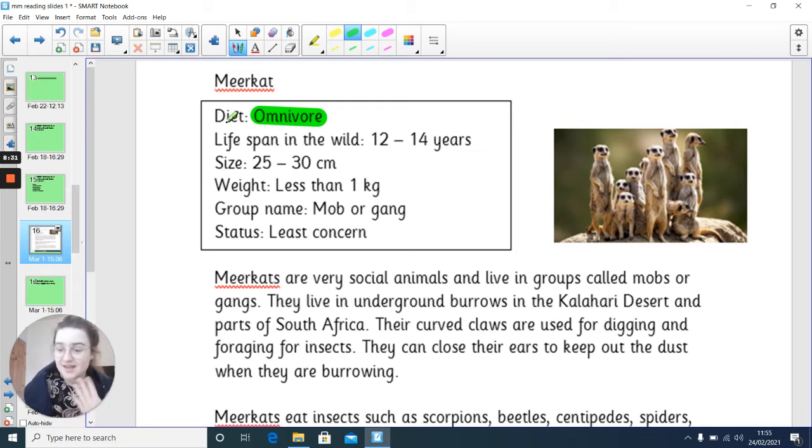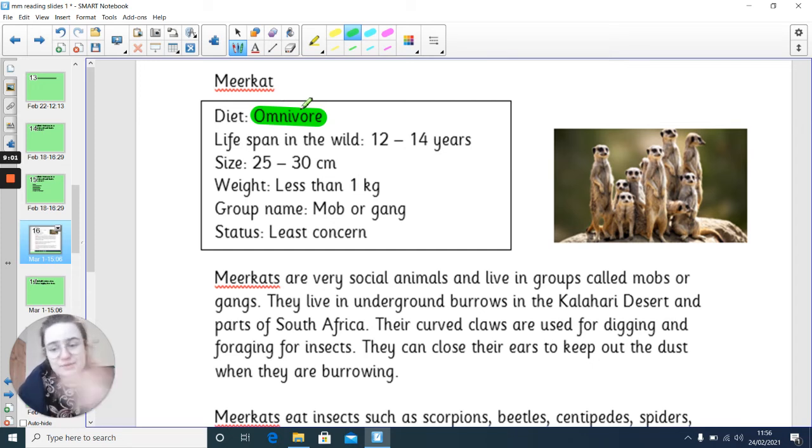It's the things that I eat and go into my belly. So diet, you might know that diet is the things that they eat. So the word omnivore must be something to do with what the meerkats eat. Well done. So I've used that clue there about the word diet, because diet is what you eat. So omnivore is probably something to do with what the meerkats eat, because this text is about meerkats.